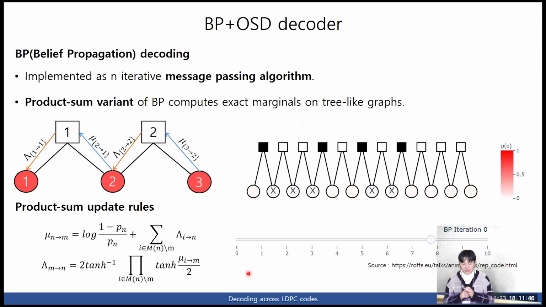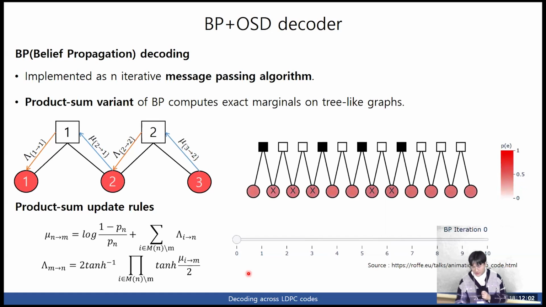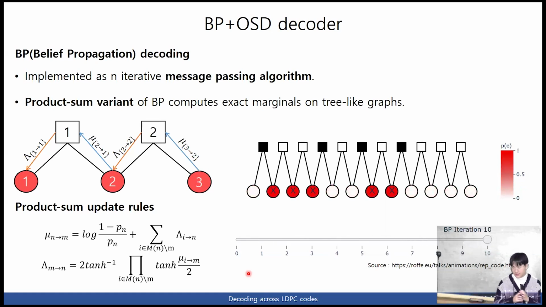This is the implementation of a message passing algorithm, the product-sum variant. We propagate the messages according to these rules. As you can see, we set the beliefs and propagate the messages, and finally get the output. This works quite well for classical LDPC codes.